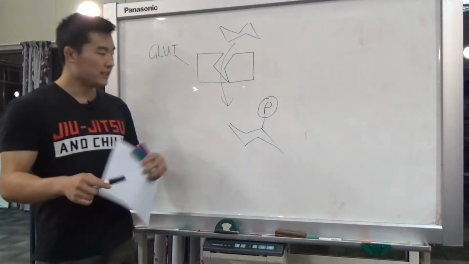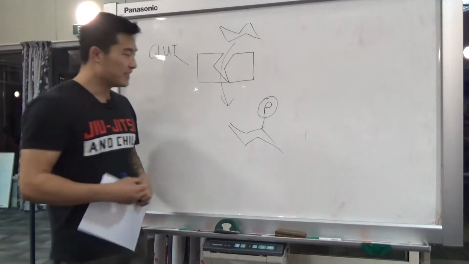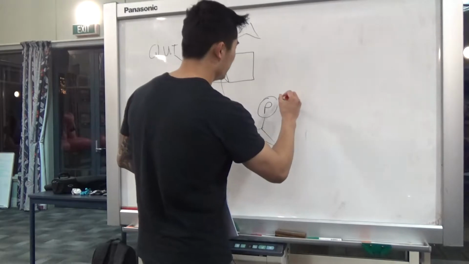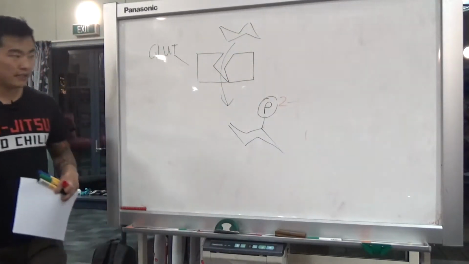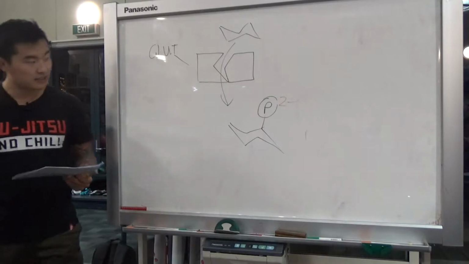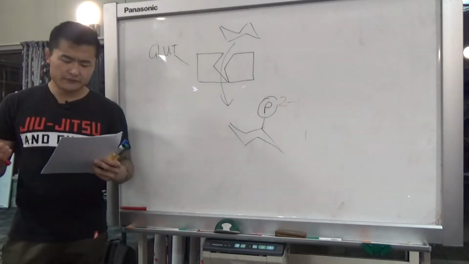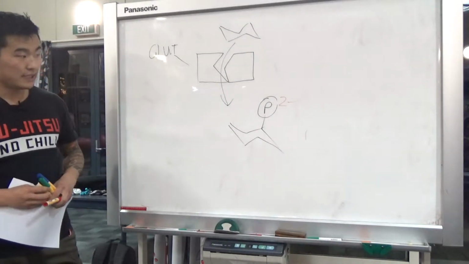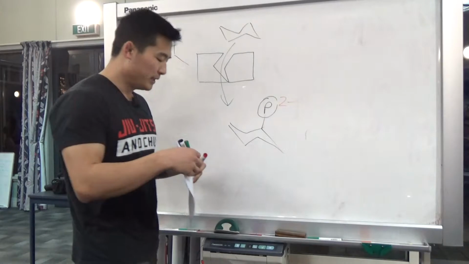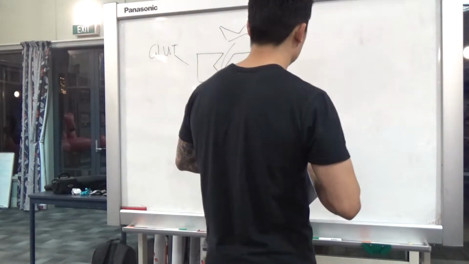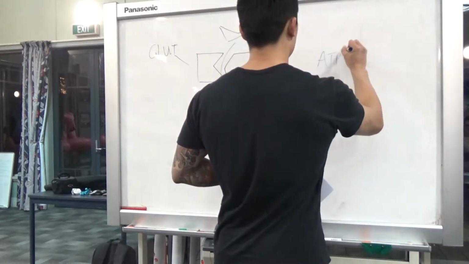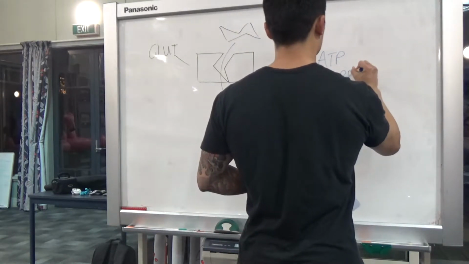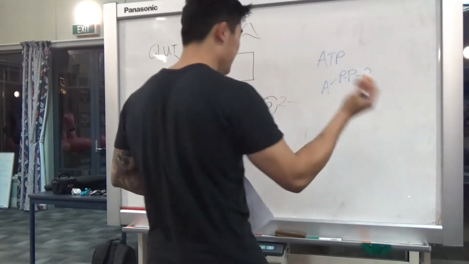Remember that phosphate groups are negatively charged, so they're going to have 2 negative charges. That phosphate group is coming from an ATP, adenosine triphosphate.